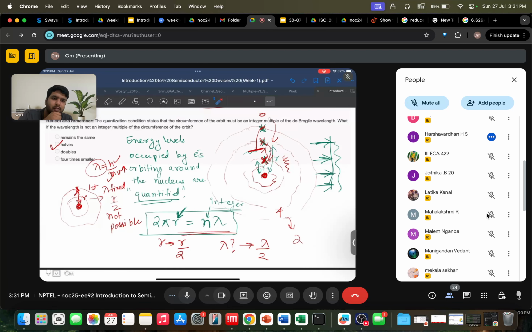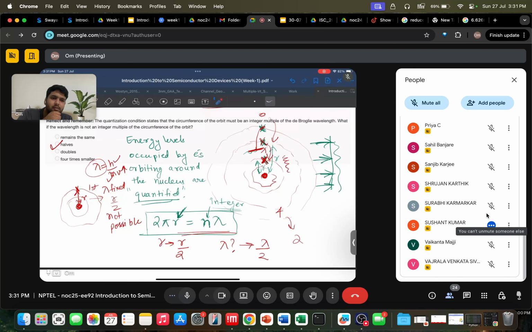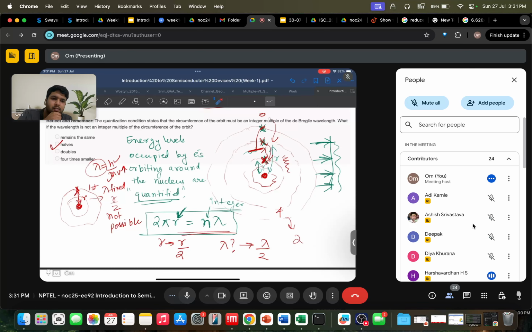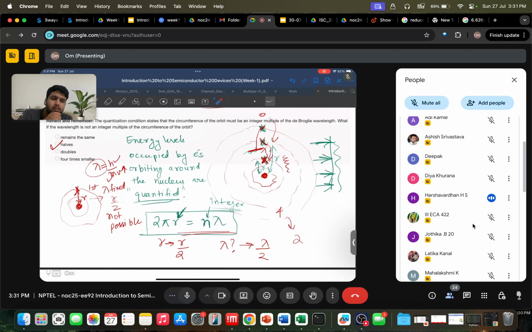Sir, would the hybridization of the element, or the number of electrons in the outer layer of that specific element, matter in this aspect? What is your question? Matter in what?